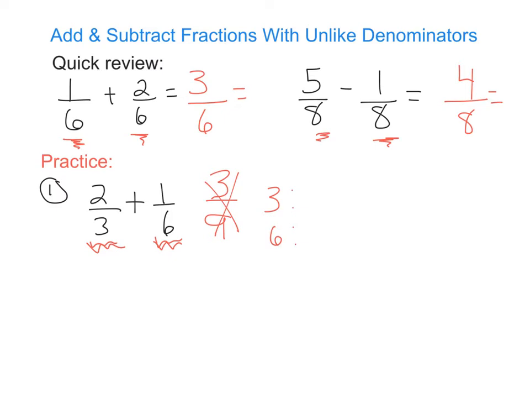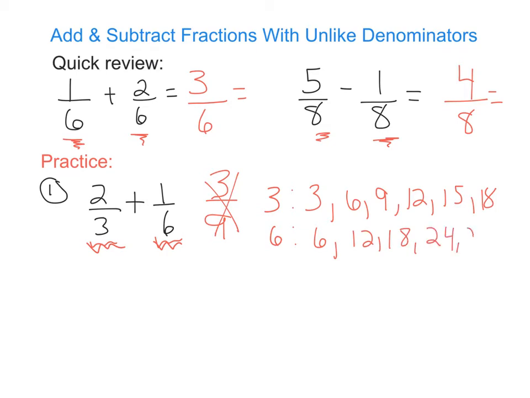So let's get started. The multiples of 3 are 3, 6, 9, 12, 15, and 18. So I'm just doing the first 6 multiples. The multiples of 6 are 6, 12, 18, 24, 30, and 36.